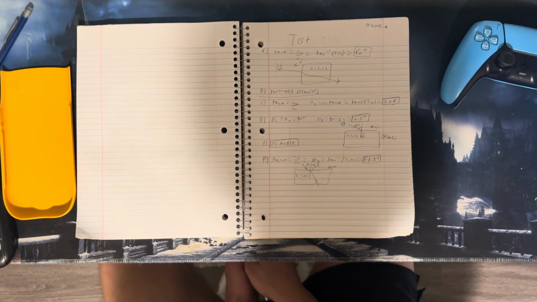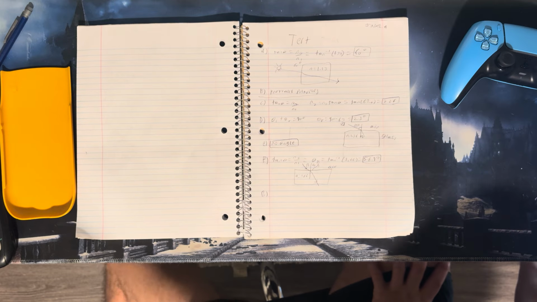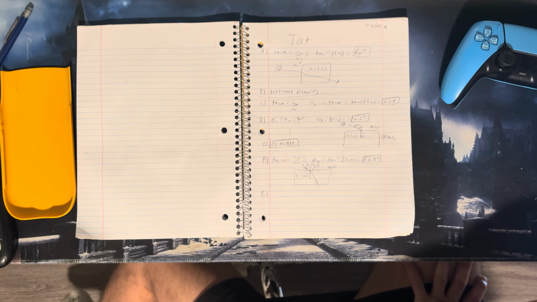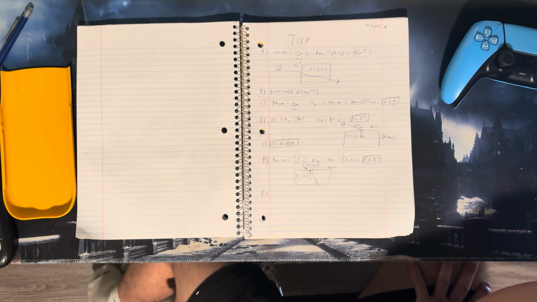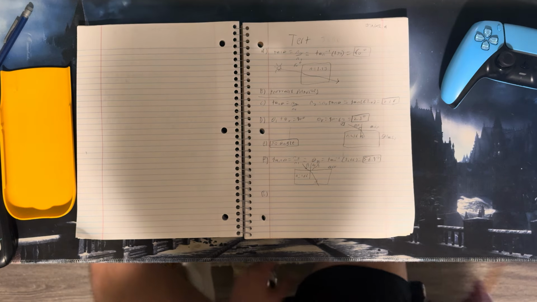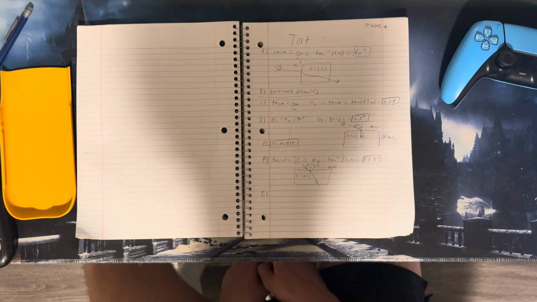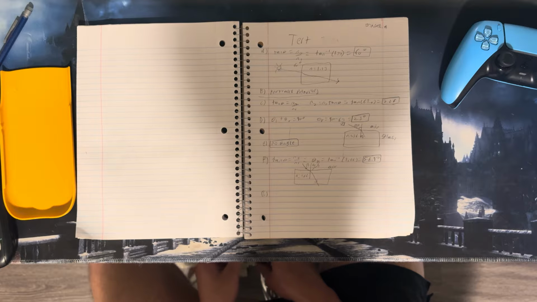Moving on to G, which asks us to find the polarizing angle in this situation. Unpolarized light propagating in the glass strikes the glass-water interface. The light reflected back into the glass will be completely polarized. This time we're finding incidence, but we were given the refraction.